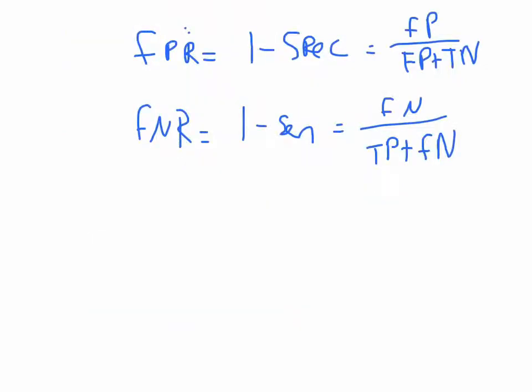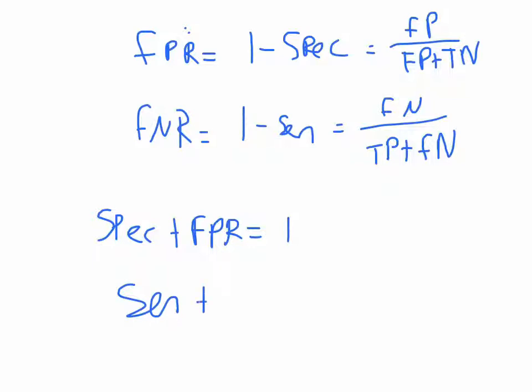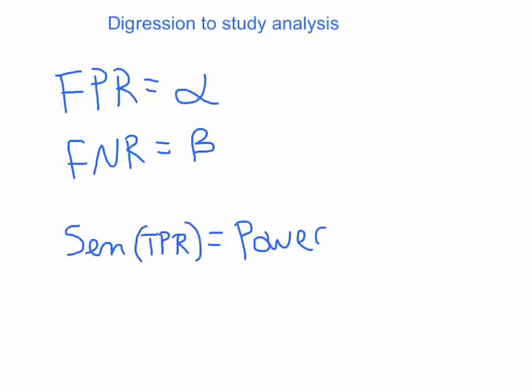Another way to say this is that specificity plus the false positive rate equals 1, sensitivity plus the false negative rate equals 1.